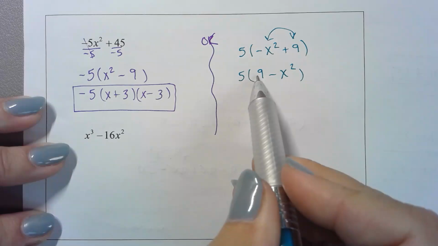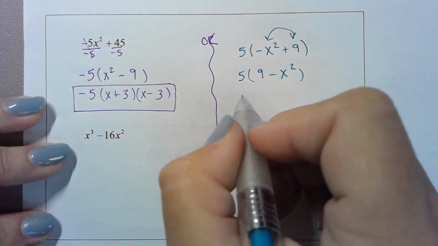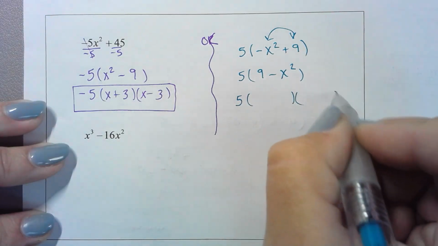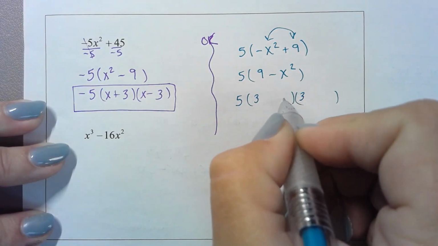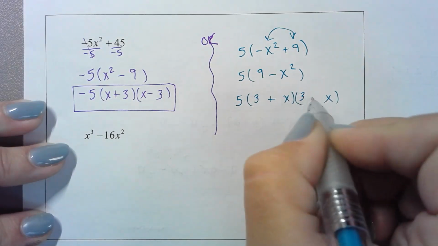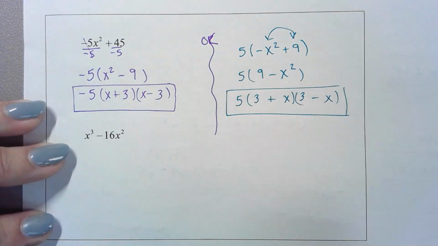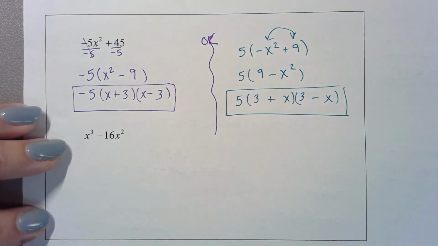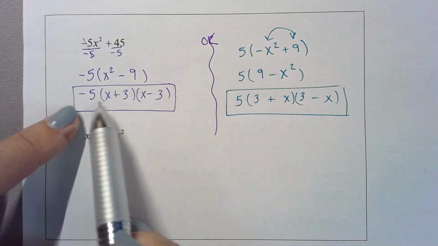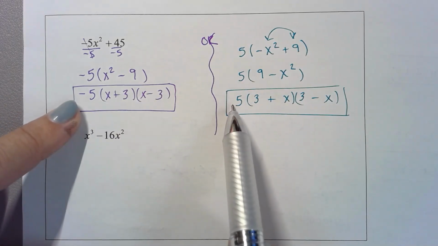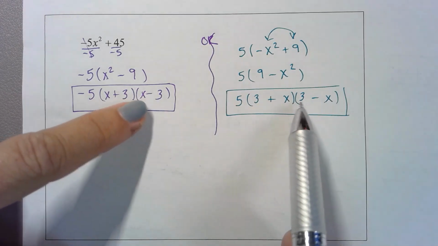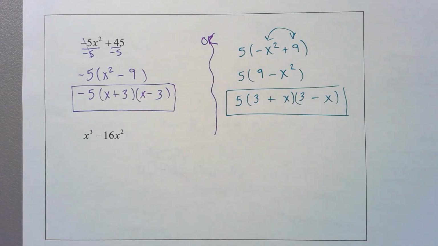It's a difference of 2 perfect squares. So the square root of 9 is 3, the square root of x squared is x, and you've got a plus or minus. So the answer looks different. It should. But it's not different, right? This one has a negative 5 out front. This has a positive 5, which is what makes it look slightly different on the inside. Not bad, just different, okay?